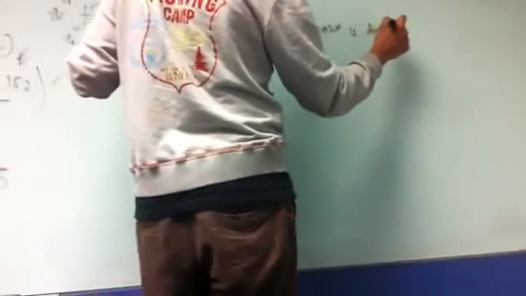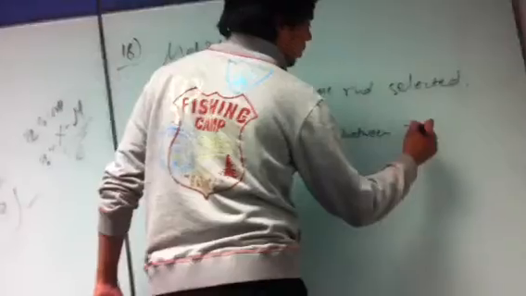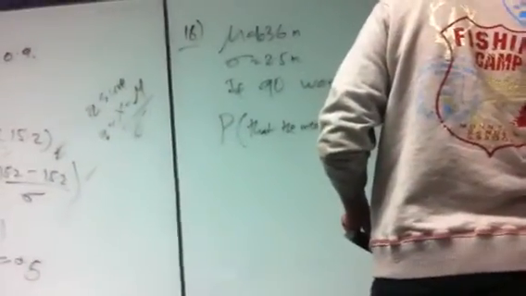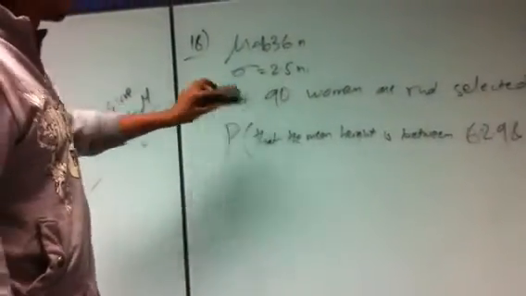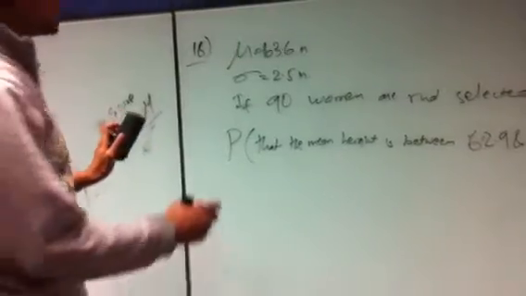It's in between 62.9 inches and 64 inches, right? So you have mu, sigma, and x.